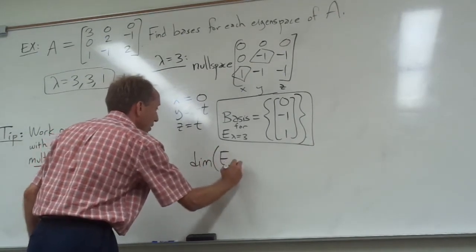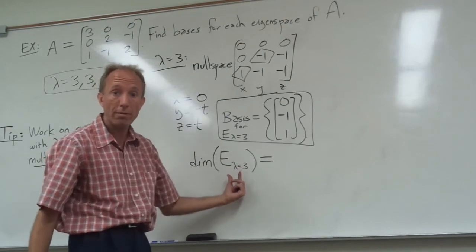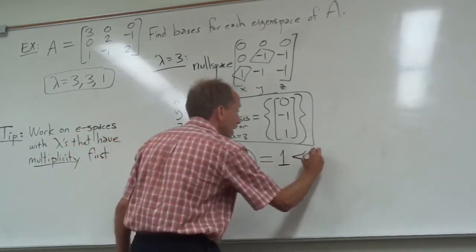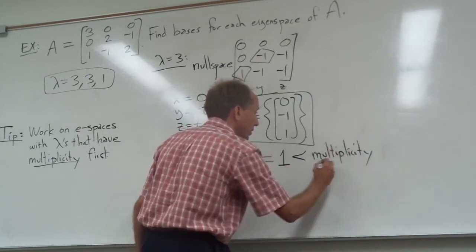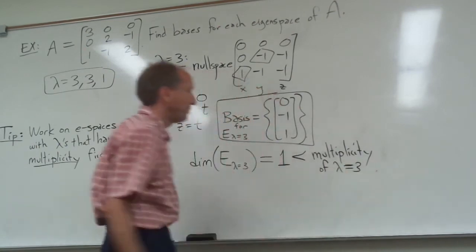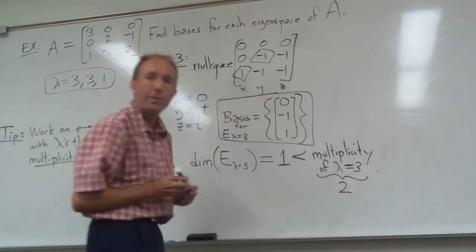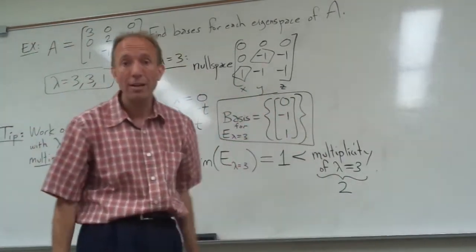The dimension of the eigenspace corresponding to the eigenvalue 3 was only 1. It was less than the multiplicity, the number of repeats of that lambda. Because the multiplicity was 2. There were 2 repeats, but we only got 1 eigenvector.